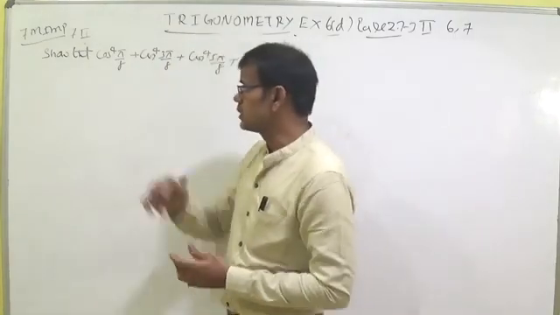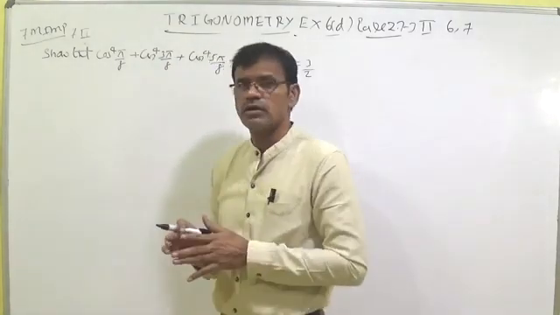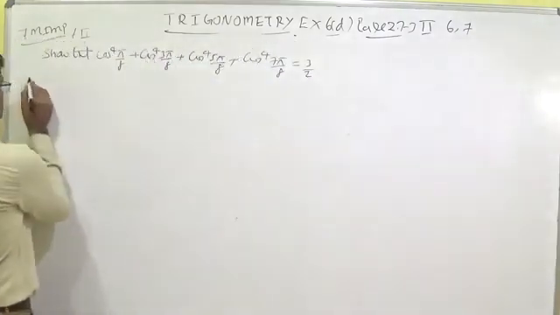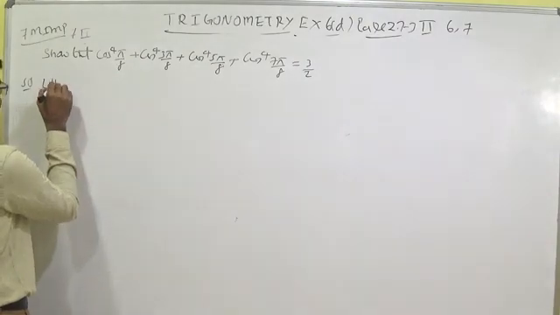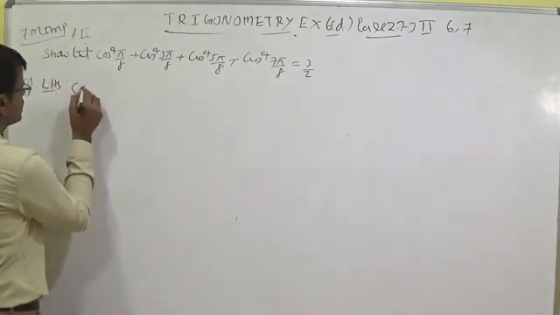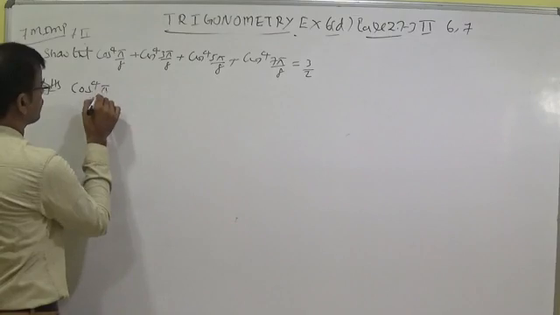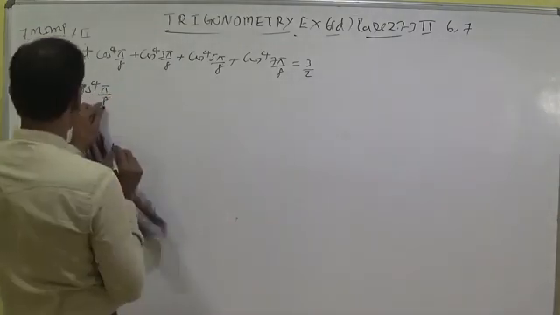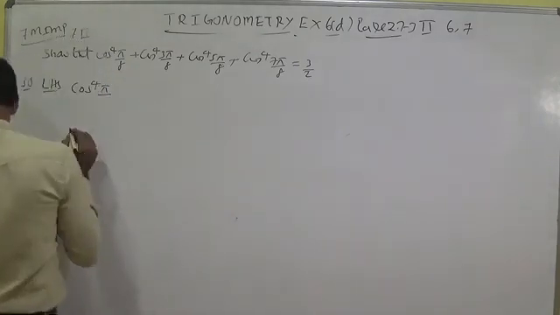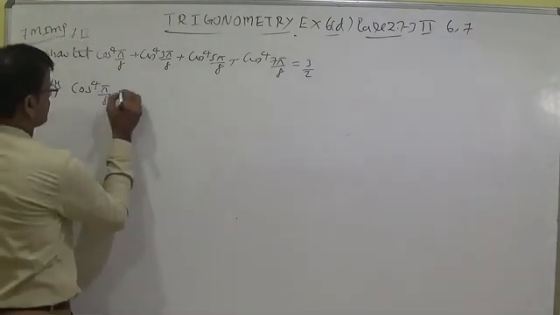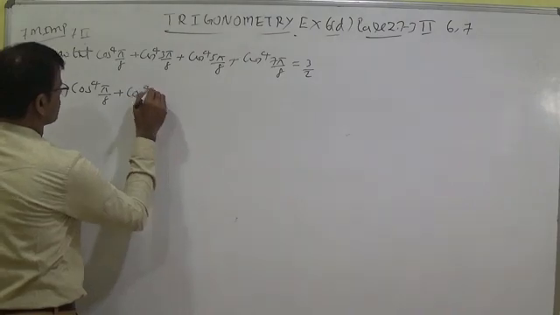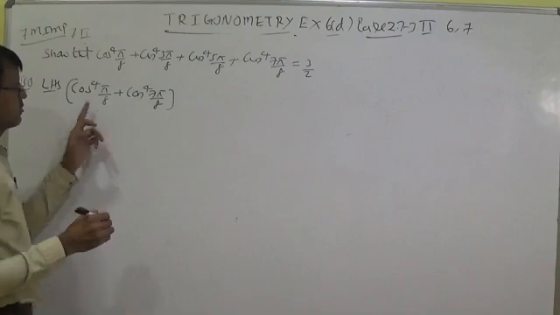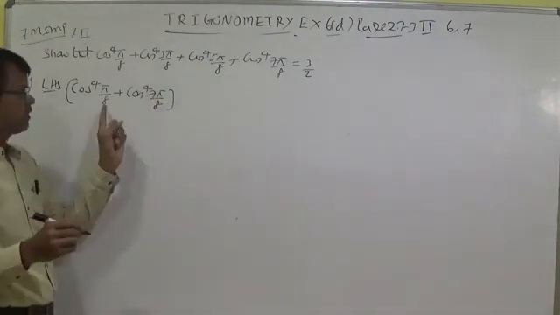Now we are going to discuss all of this in cos terms, cos power 4 pi by 8 like this. Taking LHS here, cos power 4 pi by 8 plus cos power 4 7 pi by 8, like the previous sum I am discussing. 1 plus 7, pi plus 7 pi by 8 becomes 8.